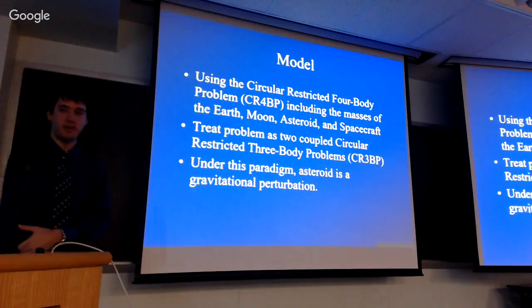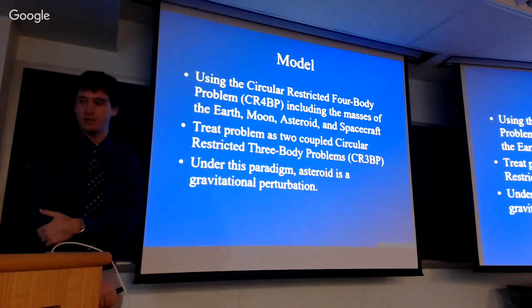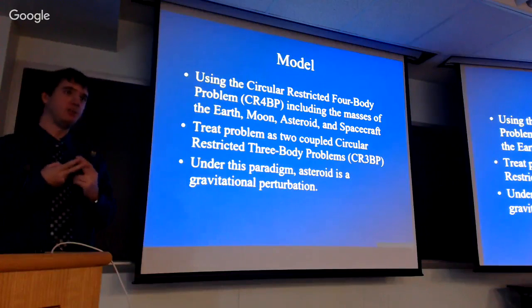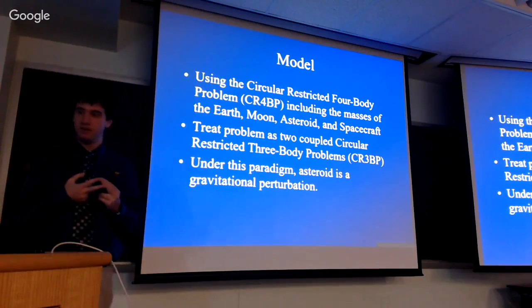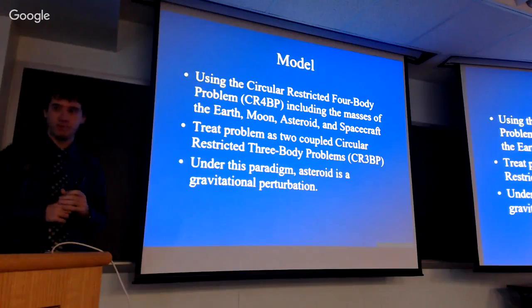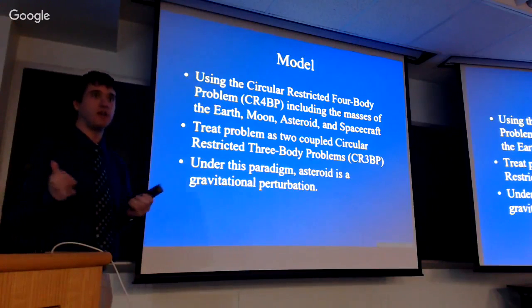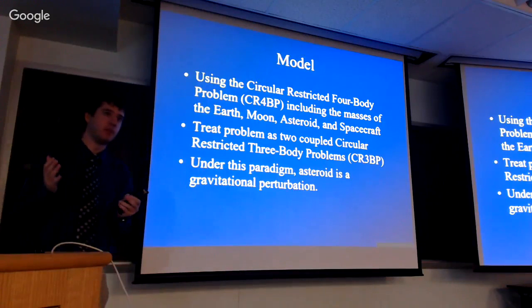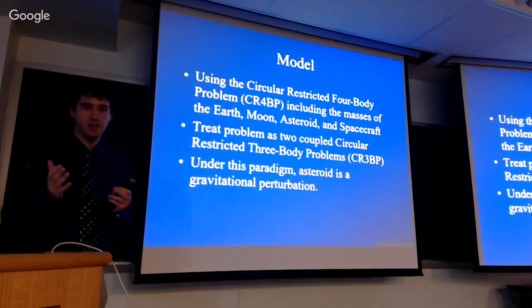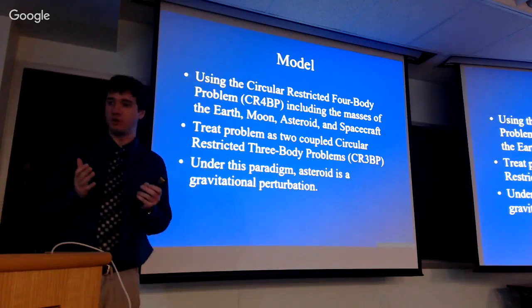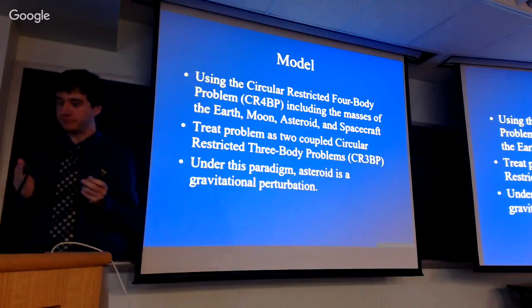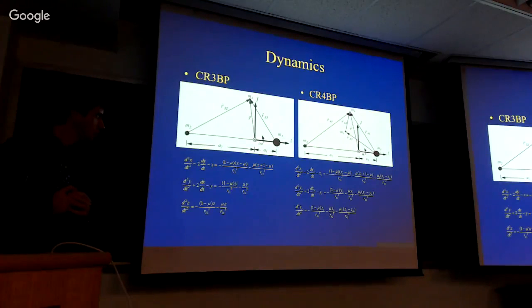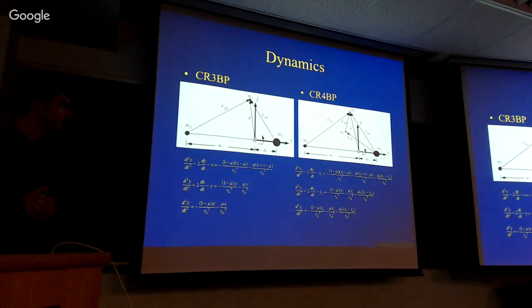The model that I'm using is the circular restricted 4-body problem. It's treated as basically two coupled restricted 3-body problems, which Davide went over yesterday. Under this paradigm, the asteroid is treated as an additional gravitational perturbation. There are 12 equations of motion, 6 for the asteroid and 6 for the spacecraft.